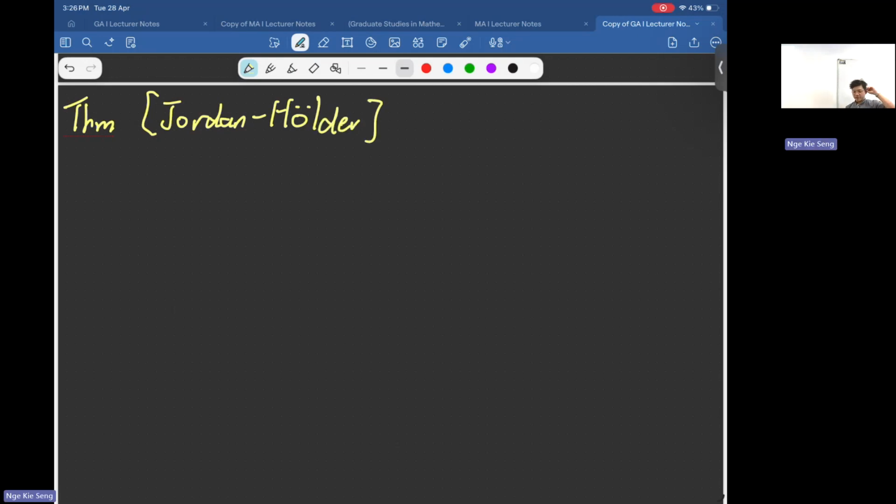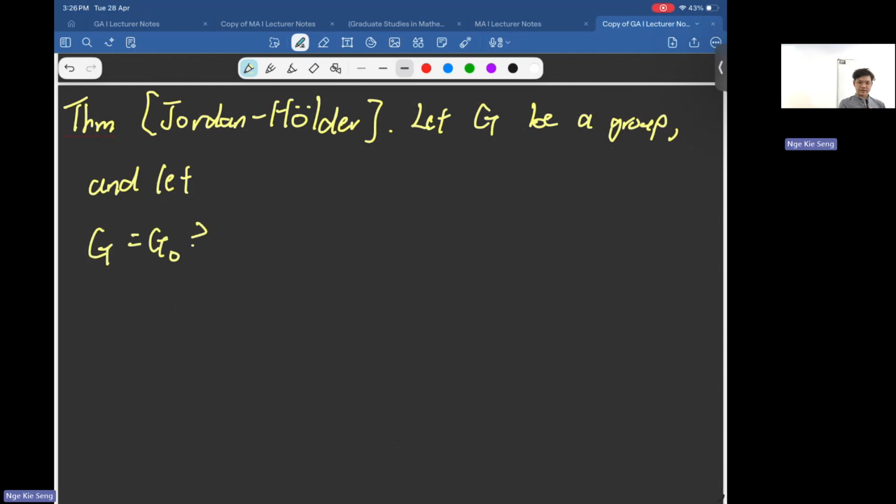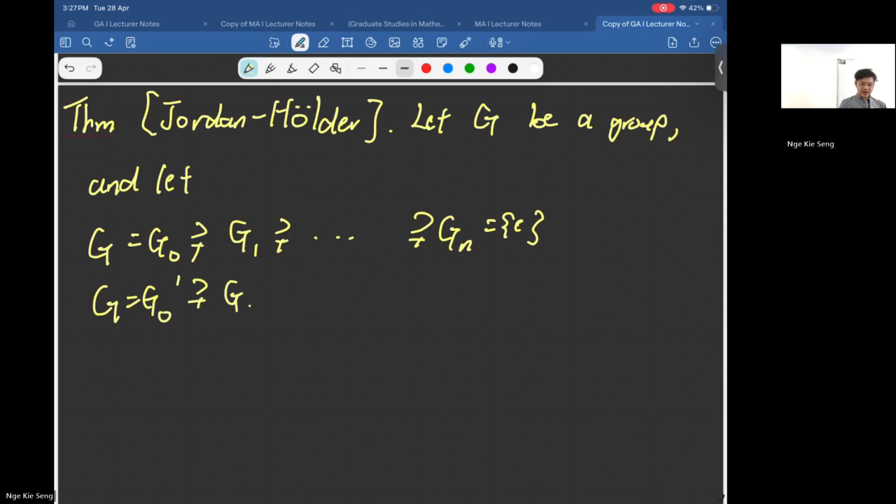This result even holds up to category theory. I'm not sure it's the same Hölder as in Hölder's inequality. So if you have two composition series, let's say one up to G_n and the other up to G_m.